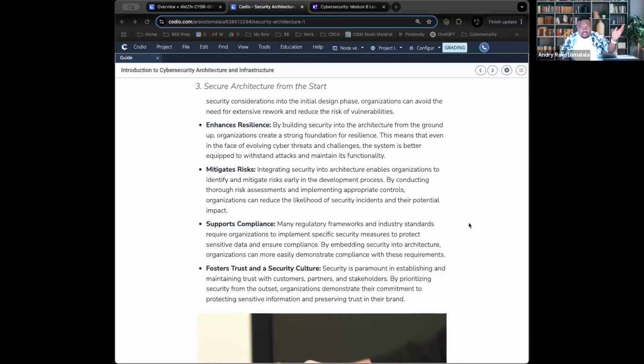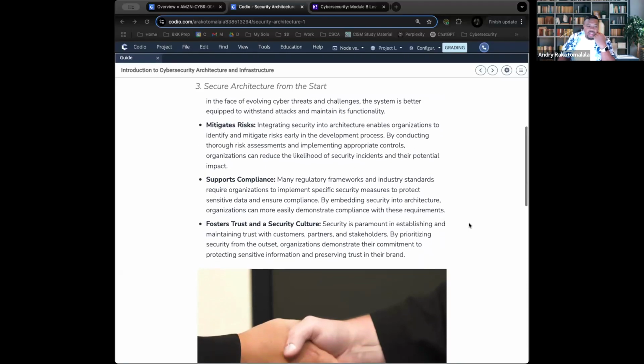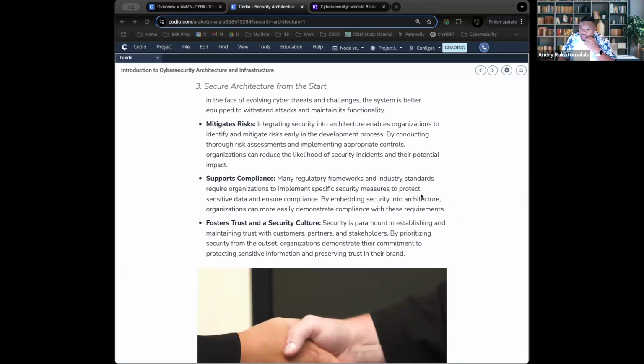Which we all know that's impossible. So we want to make sure to protect that. So there is a backup web server. That is called resilience, when you have a backup that you can revert to if you were to have an incident. Then there's mitigating risks.